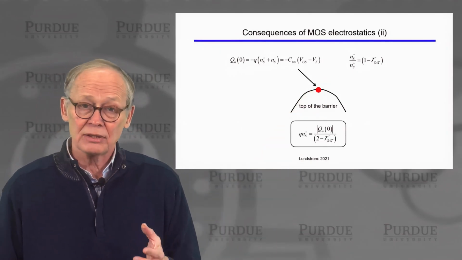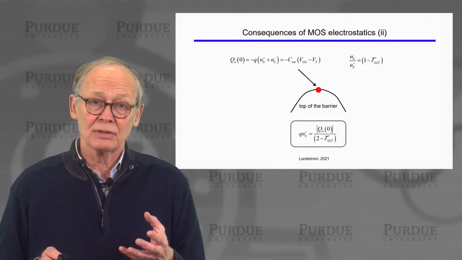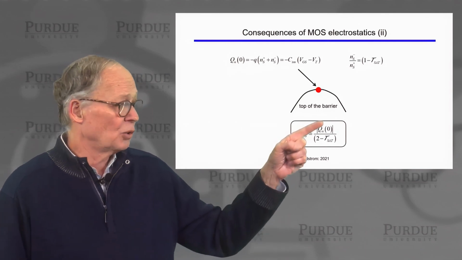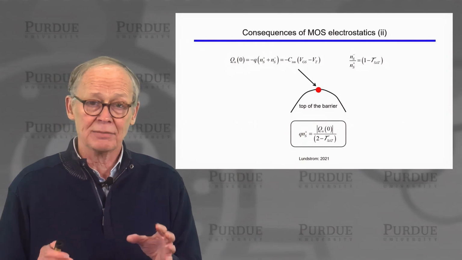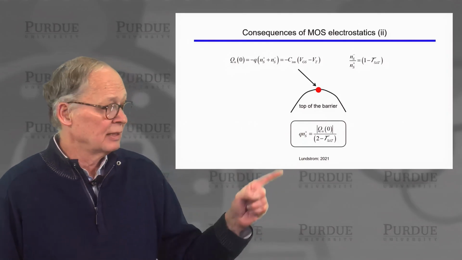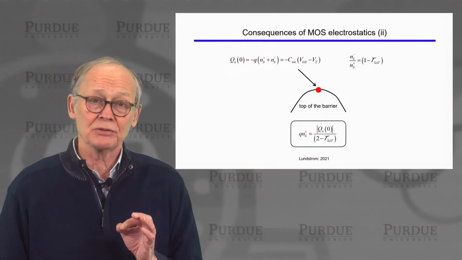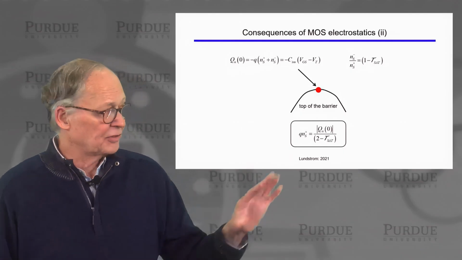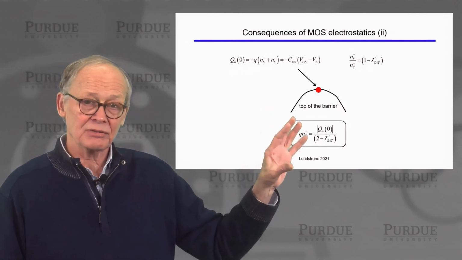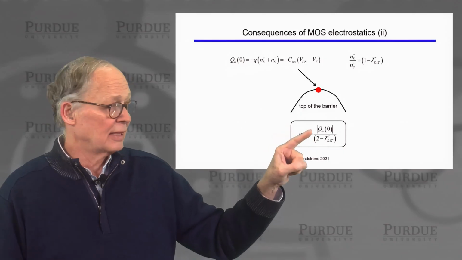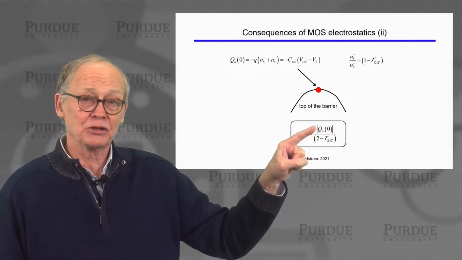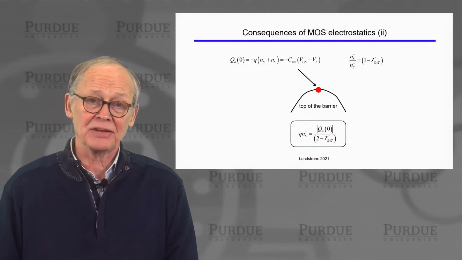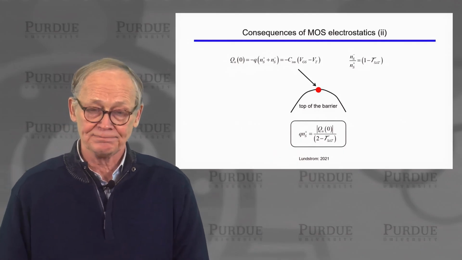So we could solve for the number of electrons with positive velocities. It would be the total number maintained by MOS electrostatics divided by 2 minus transmission. Okay, so this tells us what the number of electrons is. The numerator is determined by MOS electrostatics, and the denominator comes from the backscattering that occurs in the channel.